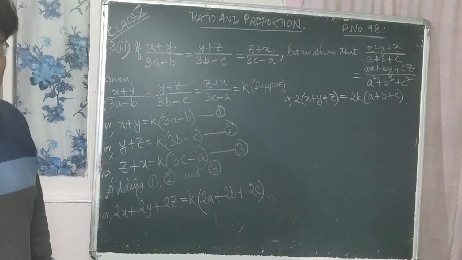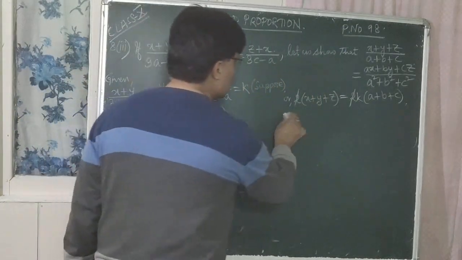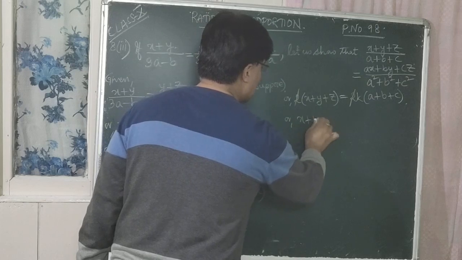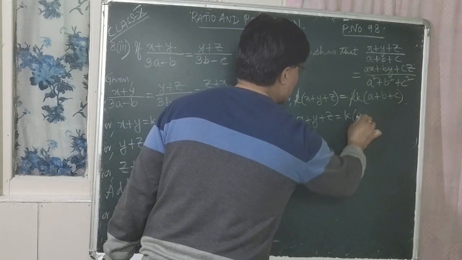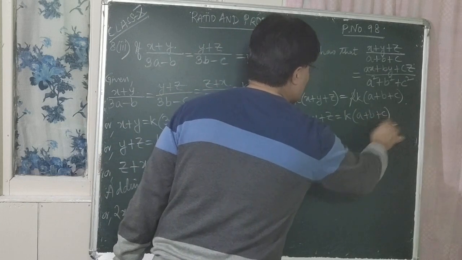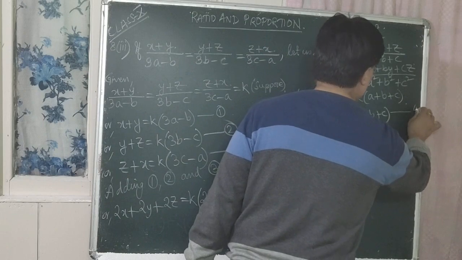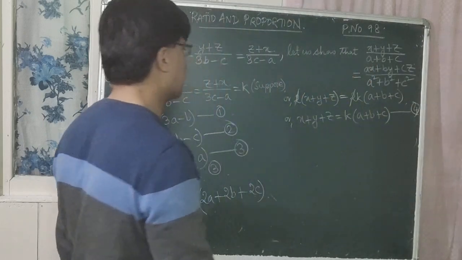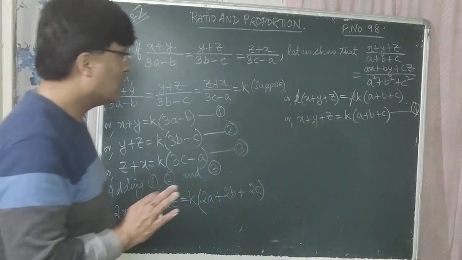Is that clear to all of you? Here the 2 gets cancelled. So we get x plus y plus z is equal to k into a plus b plus c. Let us mark it number 4.